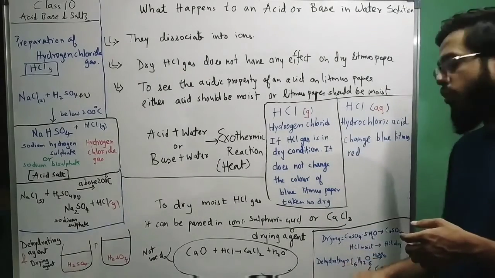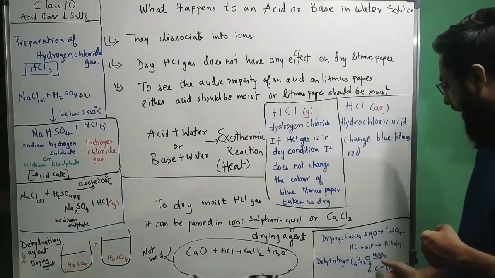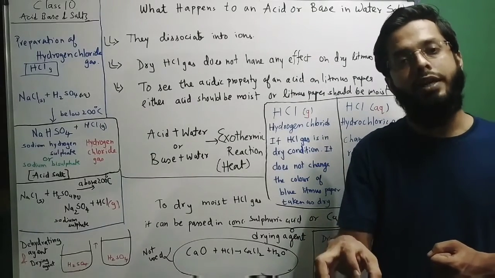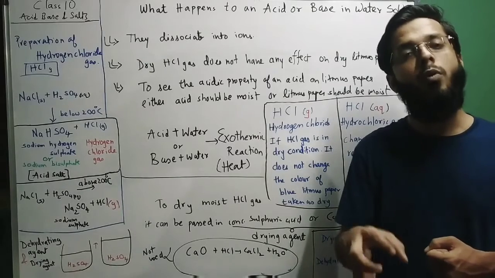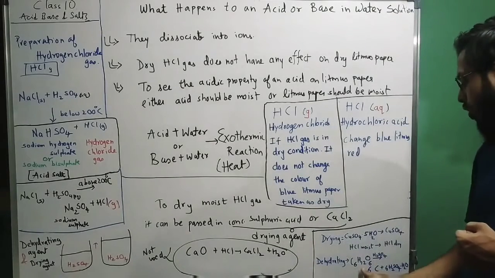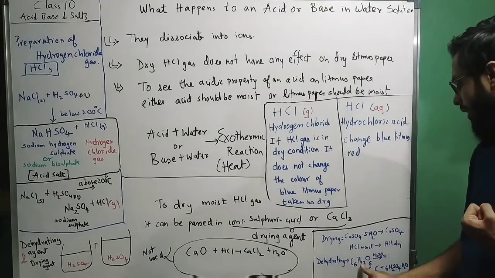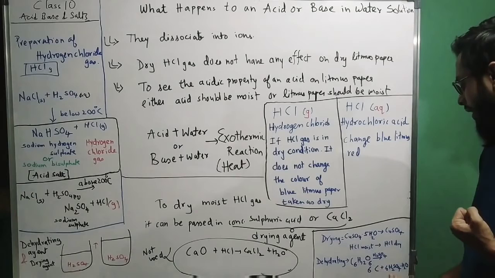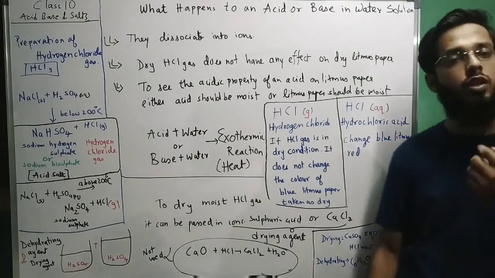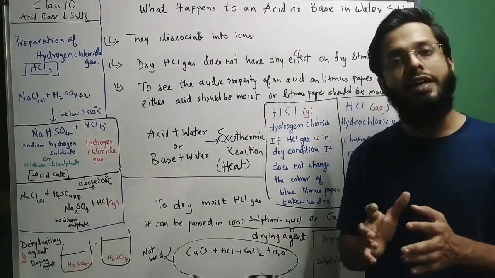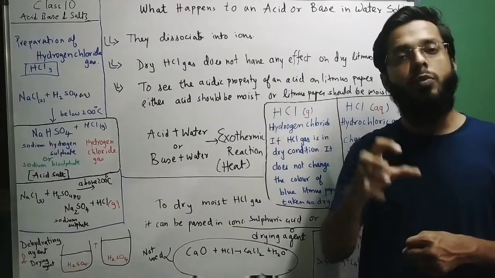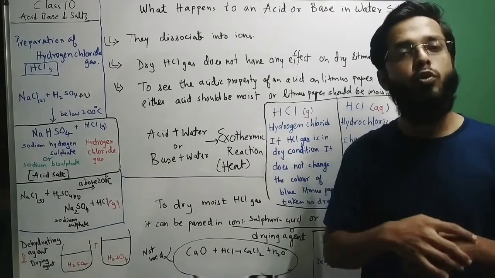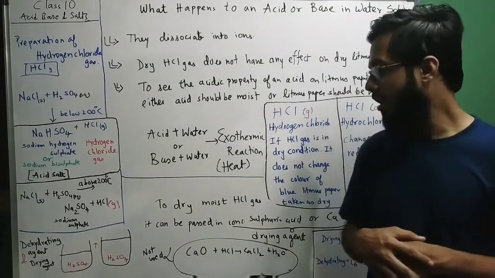For example, if you add sulfuric acid to glucose or sugar, it takes out the oxygen and hydrogen atoms in the form of water molecules, and the sugar turns black, which is carbon, while the water is taken by sulfuric acid. So dehydrating agents take out water molecules from the chemical, and drying agents just superficially remove the moisture.